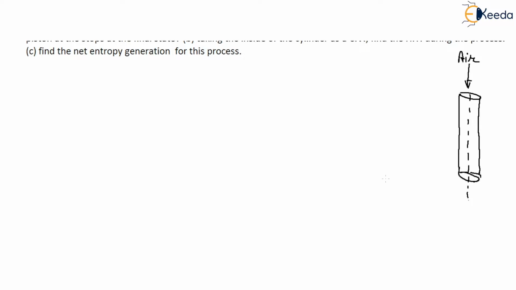Now this supply line is connecting a tank with a valve, a throttling valve. So this is the tank.